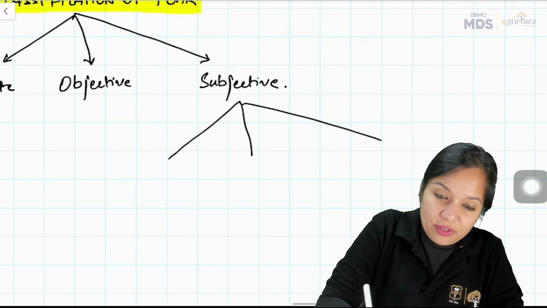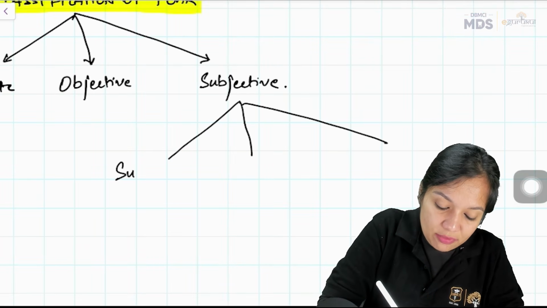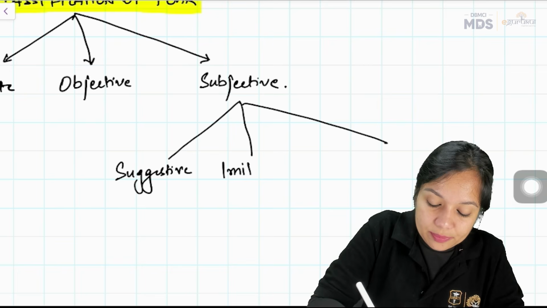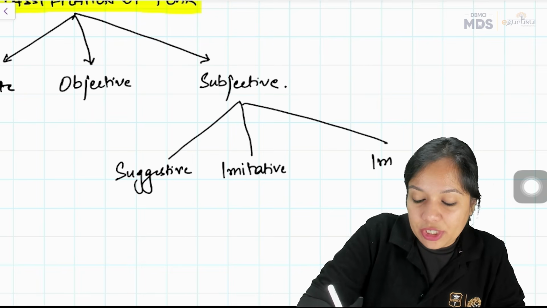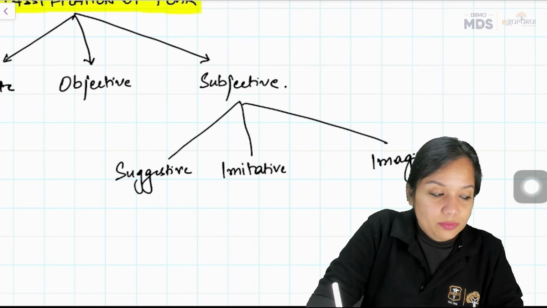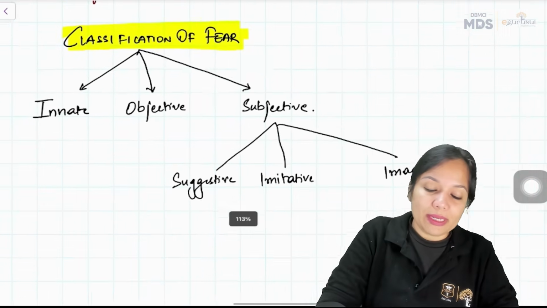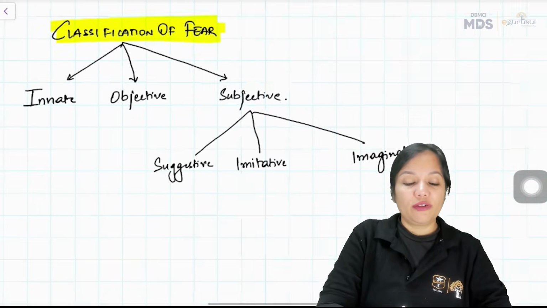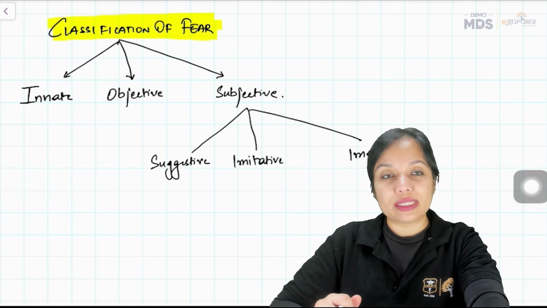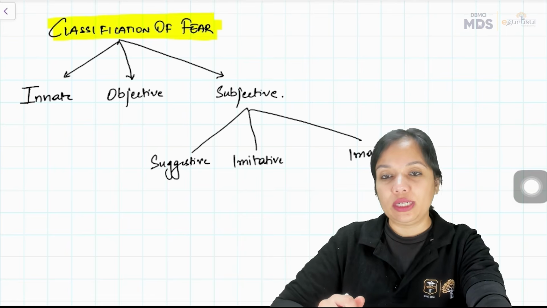Subjective fears can be suggestive, imitative, and imaginative. So, this is the basic classification of fear. Now, let us understand one by one what these different types of fear actually mean.